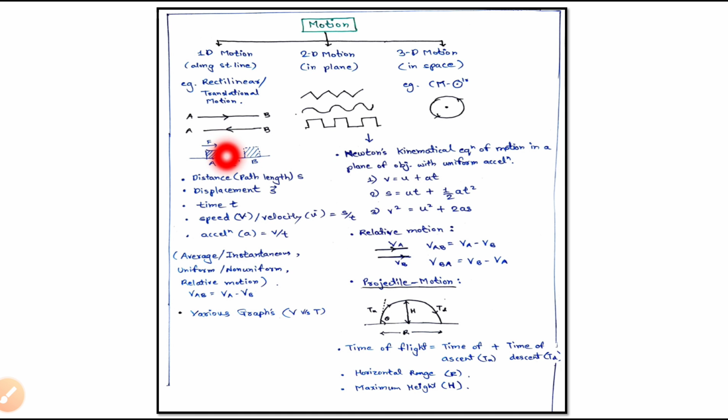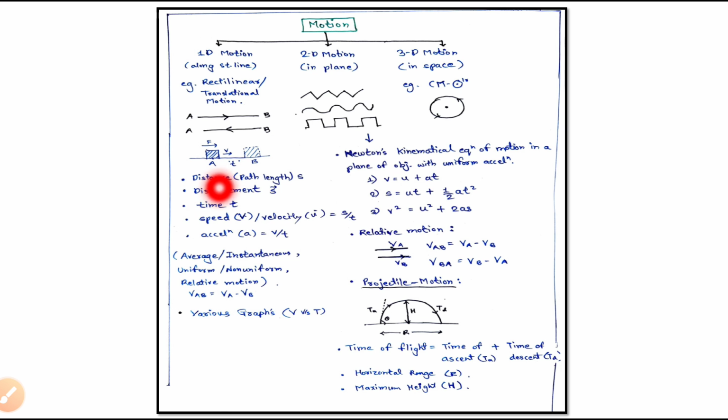These straight line motions are also called rectilinear or translational motion. For describing these motions we considered certain physical quantities, named distance, also called path length, denoted by the variable x or s. We studied their SI units, dimensions, and so on, with their definitions.